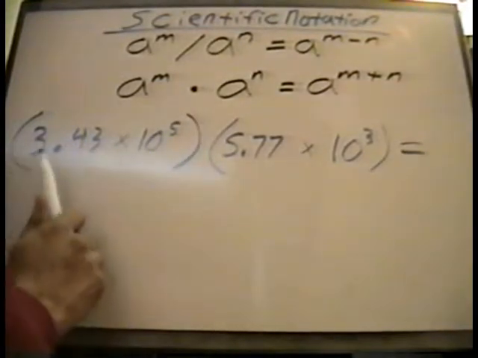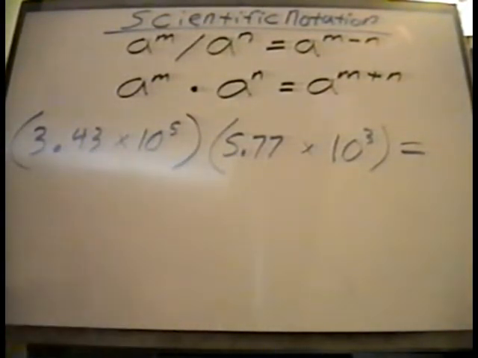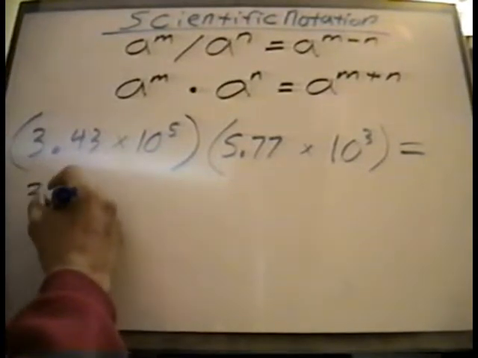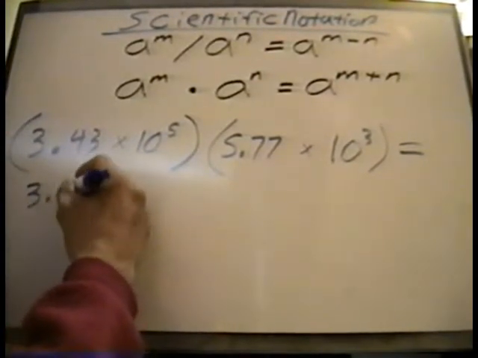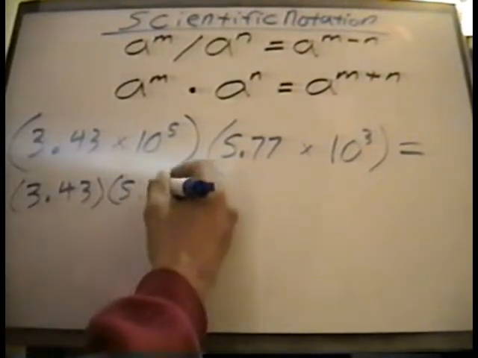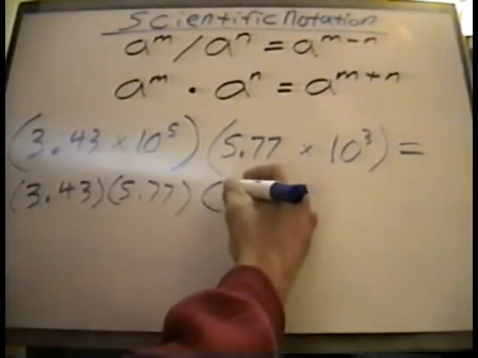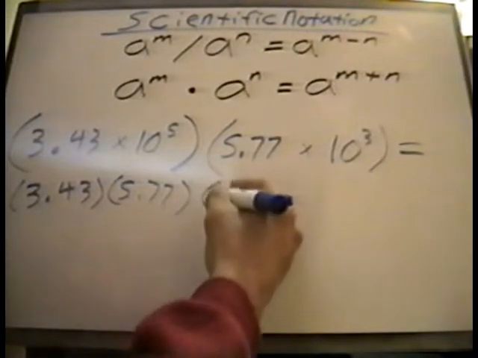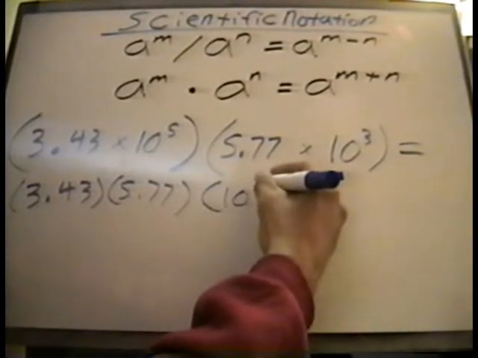You're going to multiply, so you can change this into 3.43 by 5.77, and then you place your powers next to each other.